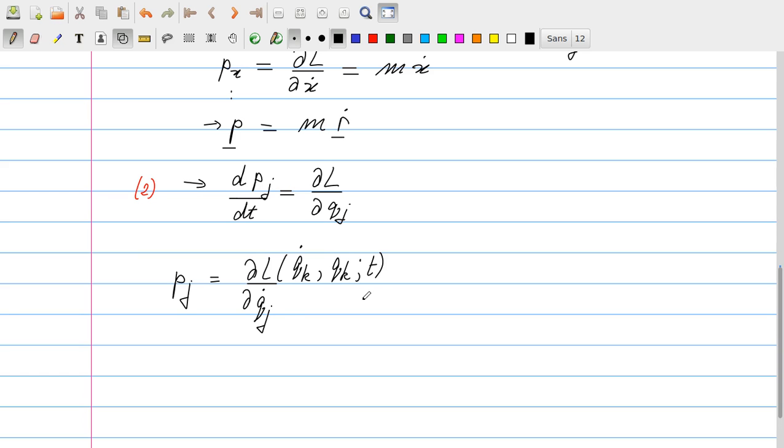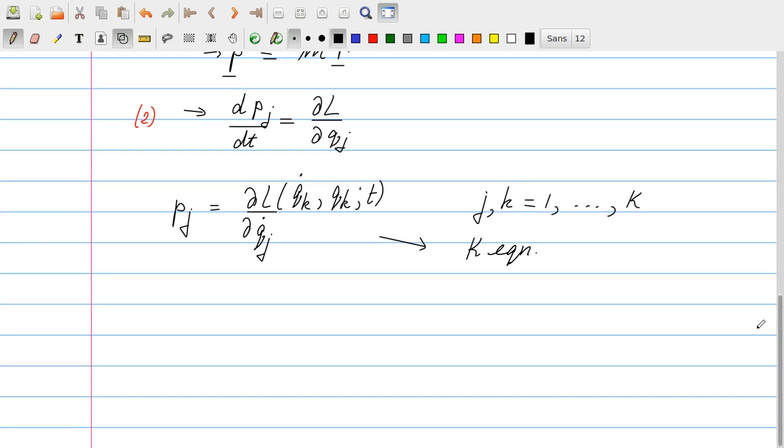So the idea is these are, if we have K generalized coordinates, so if j and k run from 1 up to capital K, then these are K equations, because we have one equation for each j, and these are all the qk.